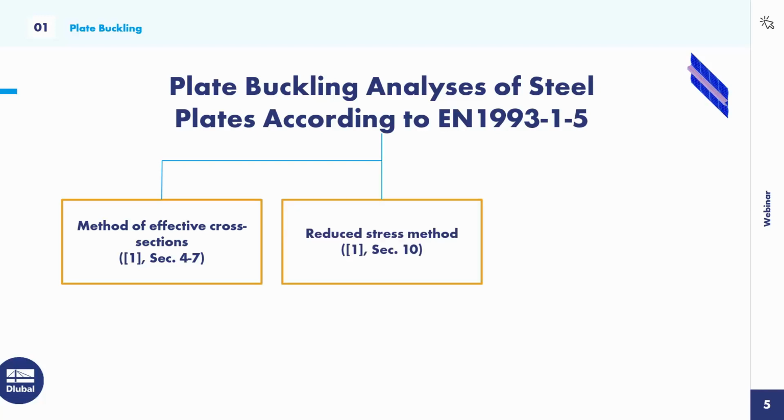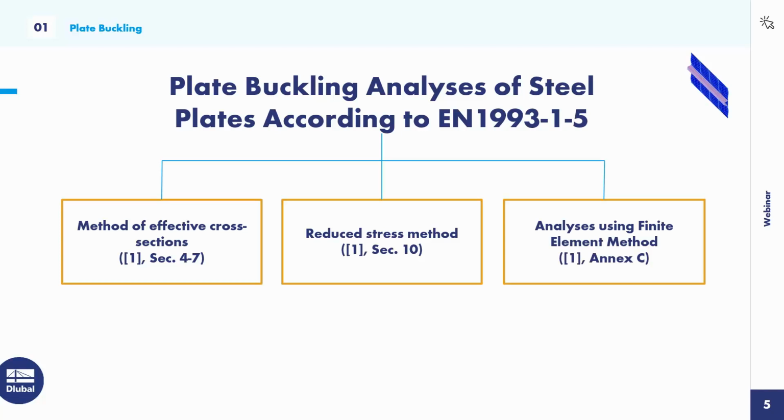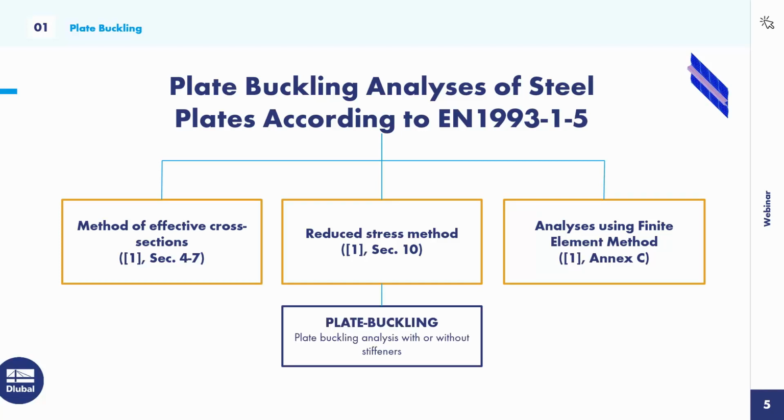The second method is the reduced stress method according to section 10, and the third is the analysis using the finite element method according to Annex C. Today we look at an example using the reduced stress method, which is implemented in Plate Buckling.